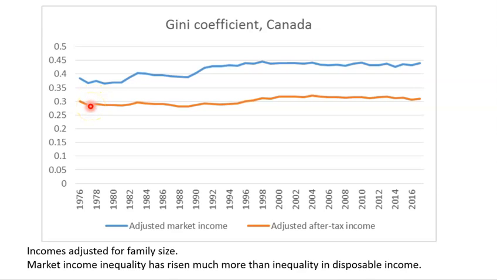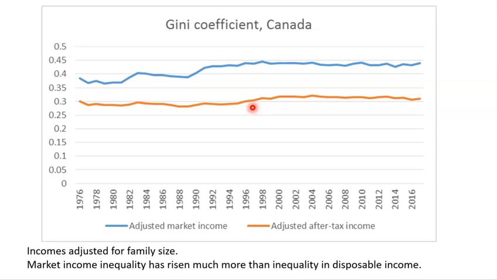Now, the interesting thing is that if we look at after-tax incomes, we can see that even though market incomes were getting more unequal, after-tax incomes were not. So for a long time, at least up to the mid-1990s, the tax and transfer system was sort of acting to offset that increase in market income inequality.